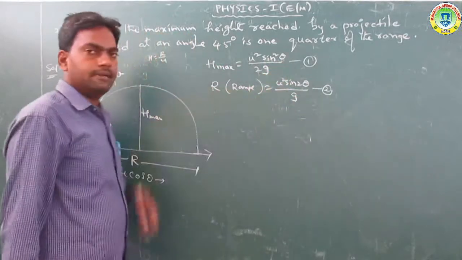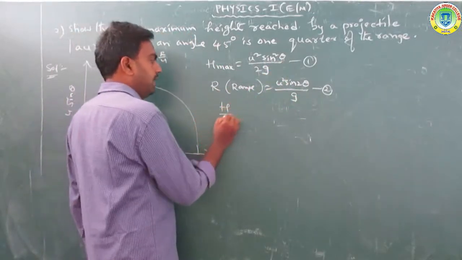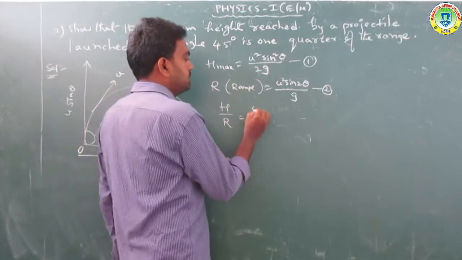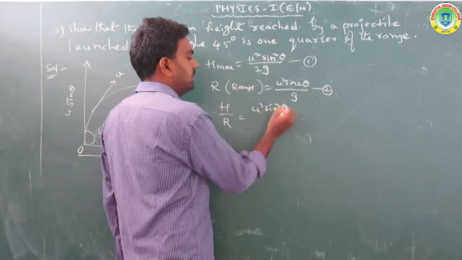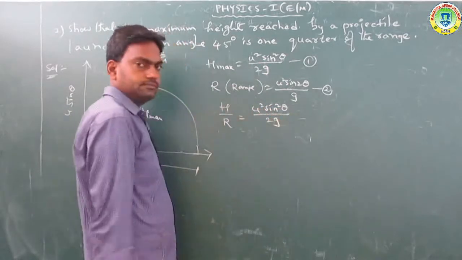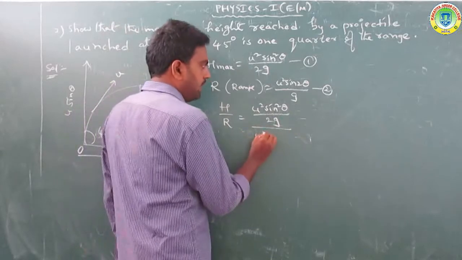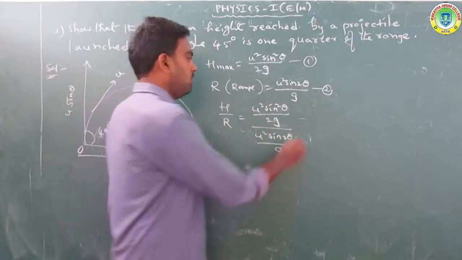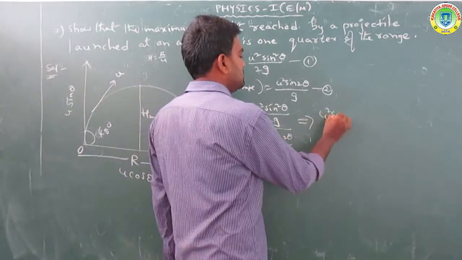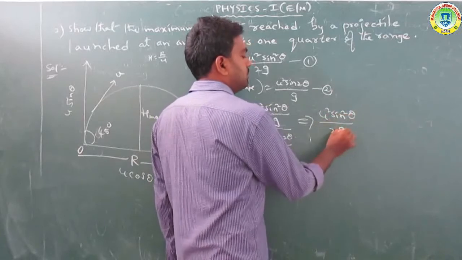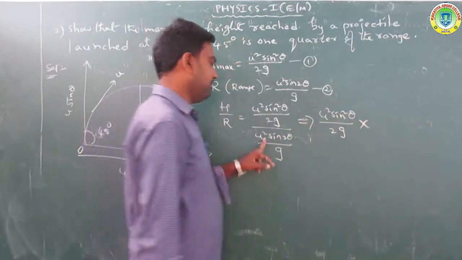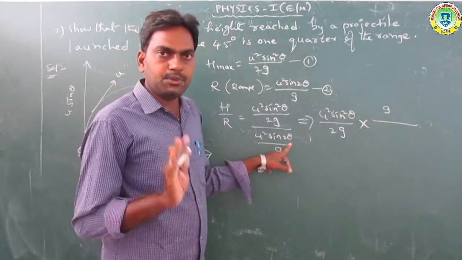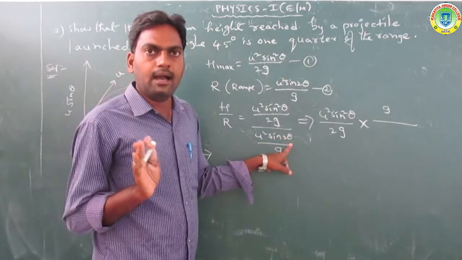Now equation 1 divided by equation 2, H by R is equal to u square sin square theta by 2g, divided by u square sin 2 theta by g. We can write sin 2 theta as 2 sin theta cos theta.